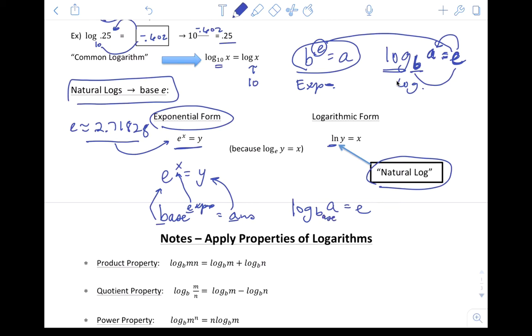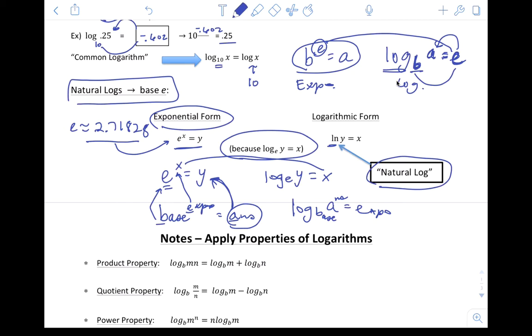So the log of the base is e, 2.71828. So log base e of the answer is y. It's right there, pointed. And that equals the exponent. The exponent is x. That's how we got it.